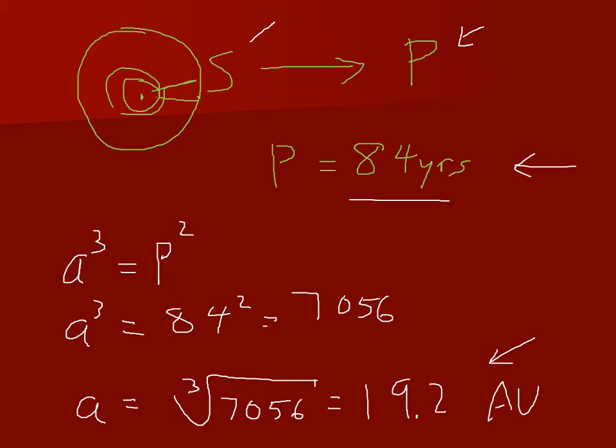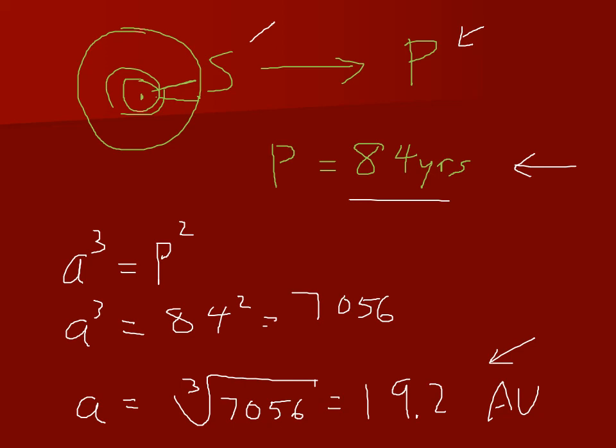Now, if you also happen to know the eccentricity, you can work backwards and calculate the perihelion and aphelion. We're not going to worry about that, but that can be done too. There's an extension to the whole thing. But now we can find the relative spacing of the planets.